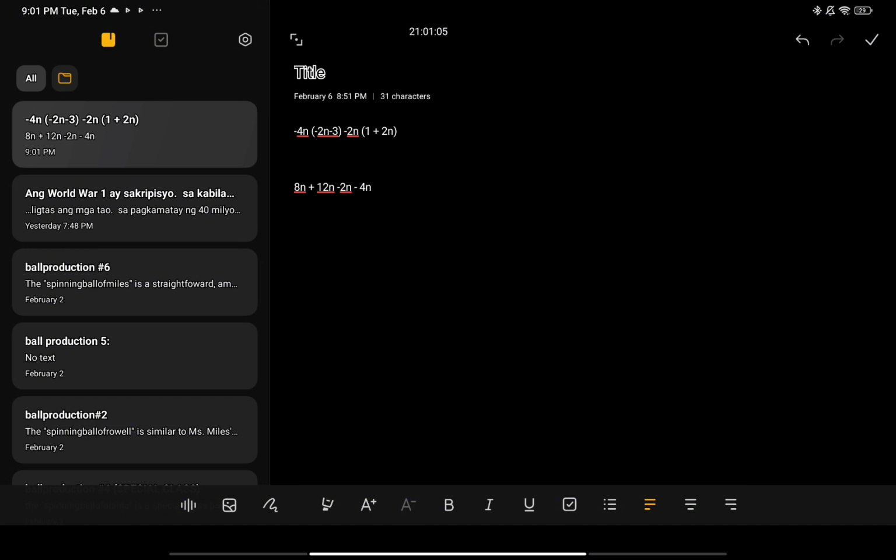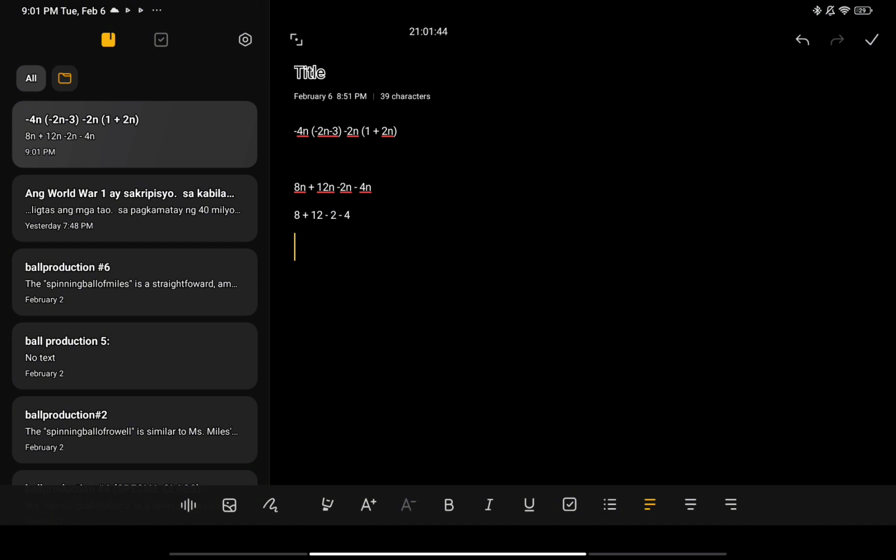When arranging, you must find the similar like terms and follow PEMDAS. They are all the same with the n. So 8 plus 12 plus 2 minus 4.